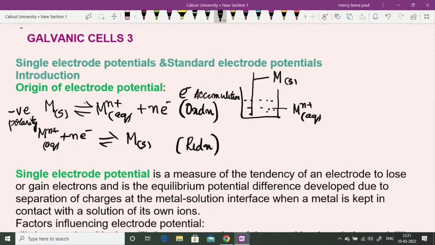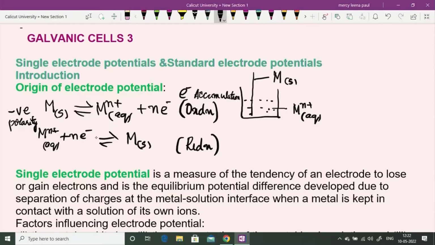But according to our convention, oxidation is taking place here and therefore this is the condition when an electrode is an anode. Now the metal ion from the solution is getting reduced, that means it takes up electrons and gets converted into metal.